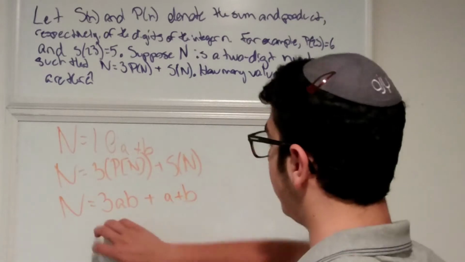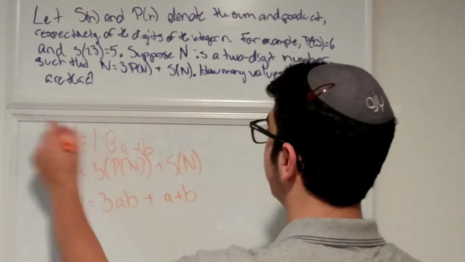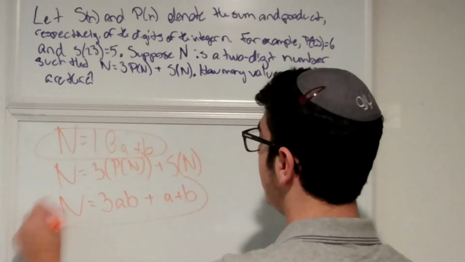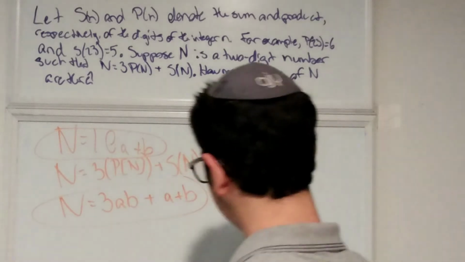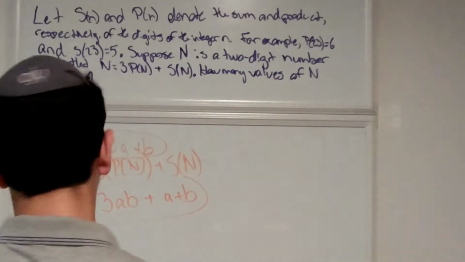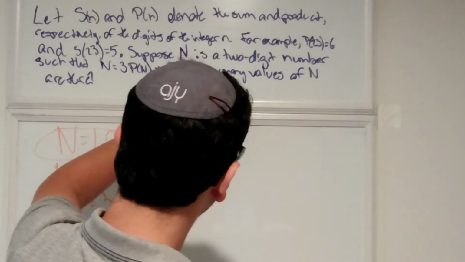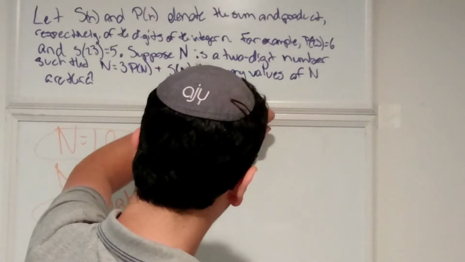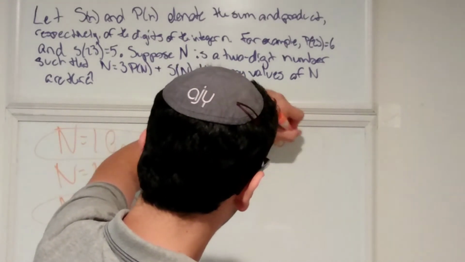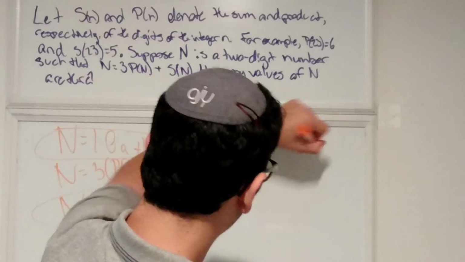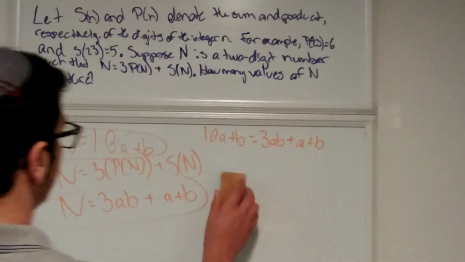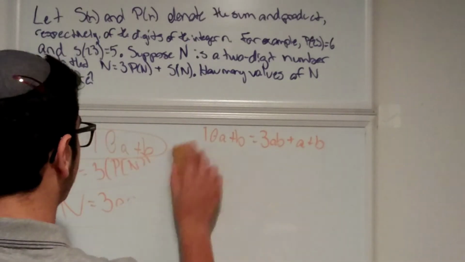Okay, so now I have this and this. I'm going to put them together and try to solve for some stuff. So 10a plus b is equal to 3ab plus a plus b. And I can go ahead and erase this.